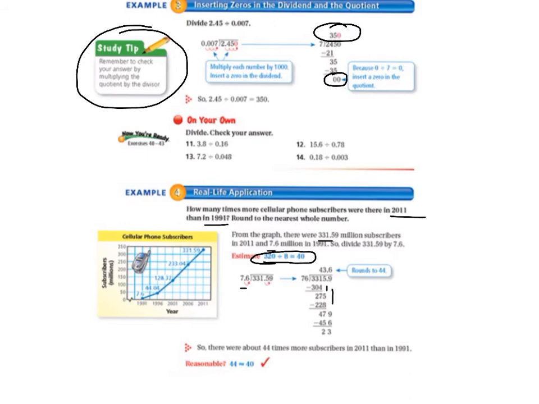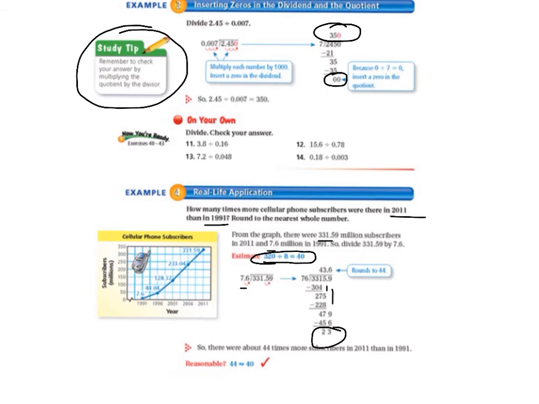and 76 goes into 479 6 times. 76 times 6 is 456, and 479 minus 456 is 23.